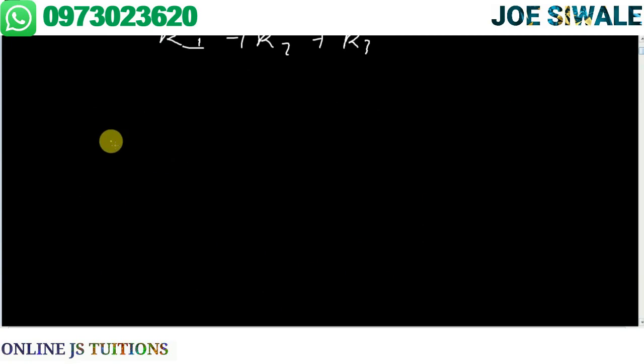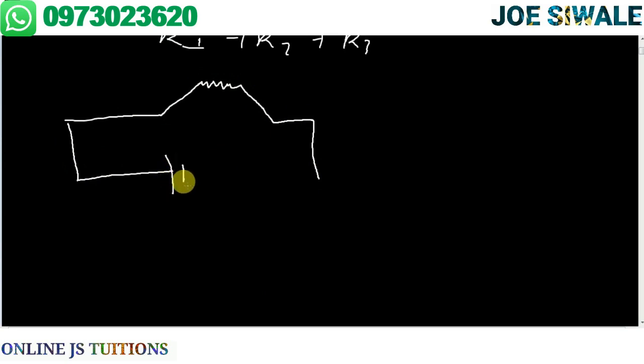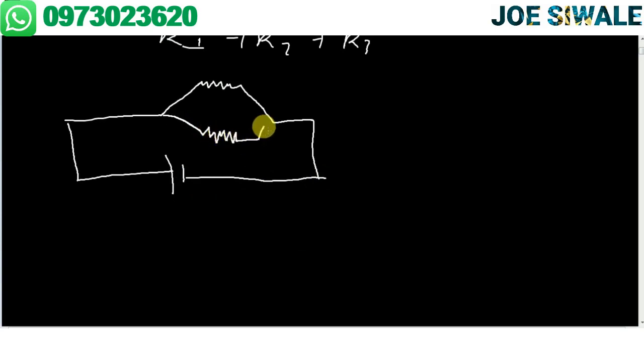For this calculation, we have this circuit in this form. This is the resistor, this is the resistor, and the current flowing here is 2 amps and the current flowing here is 3 amps, and you have been told to calculate the total current.